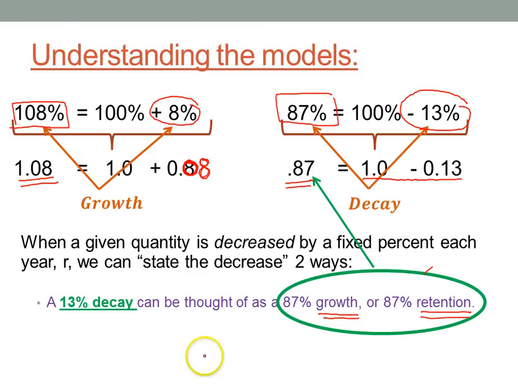So a 13% decay, so that's that 100 minus 13%, can be considered as an 87% growth or an 87% retention. And how you're going to see this in your equations is as this 0.87. So you can think of that as a decay, a 13% decay, or you can think of it as a growth. It's only growing 87%. You can think of it either way.